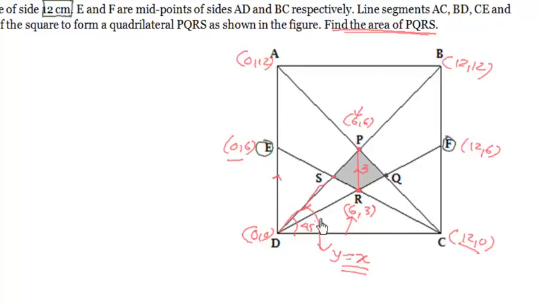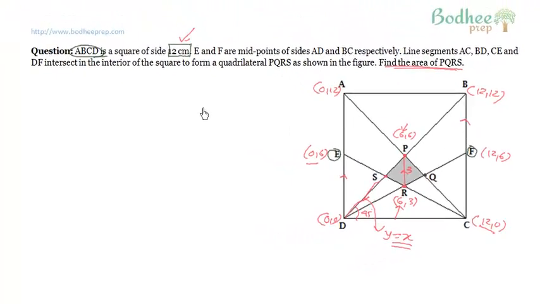You observe that AD is parallel to BC, and EC and DB are intersecting. So it's something we already did in the concept we studied in similar triangles: if there are two parallel lines and there is a cross going on, then the two triangles so formed will be similar, because this angle will be equal to this angle, which is the vertically opposite angle.